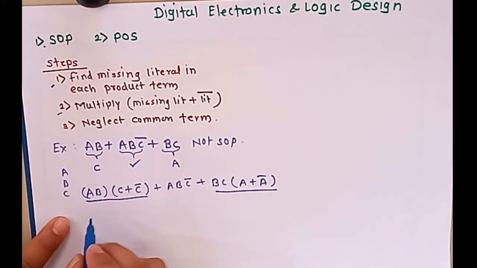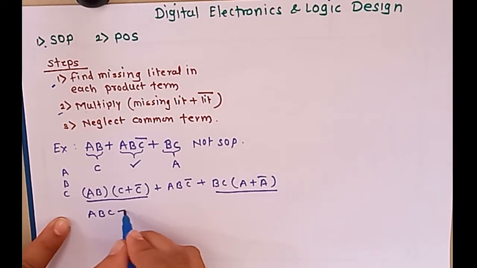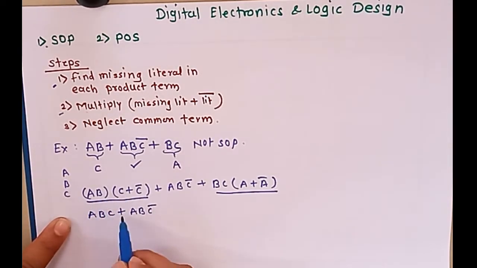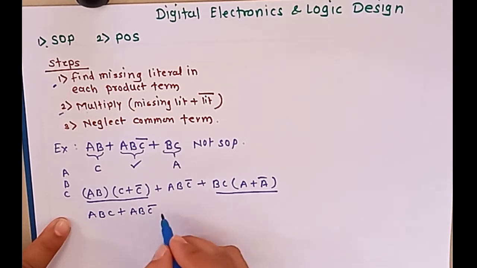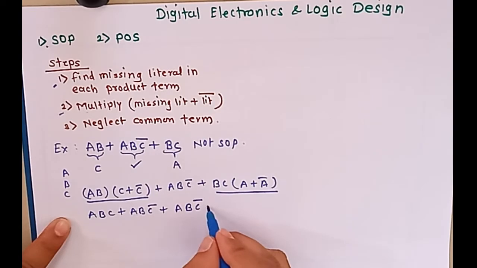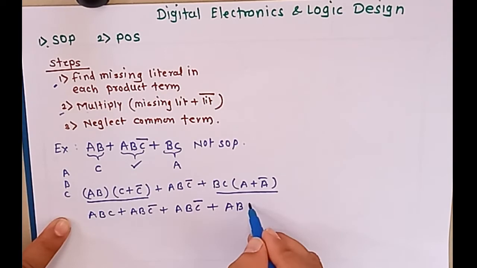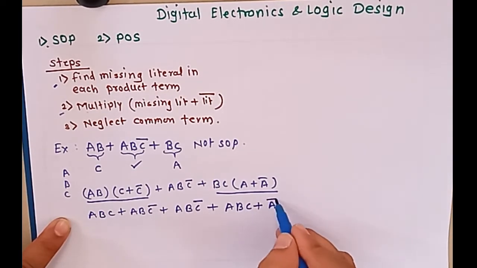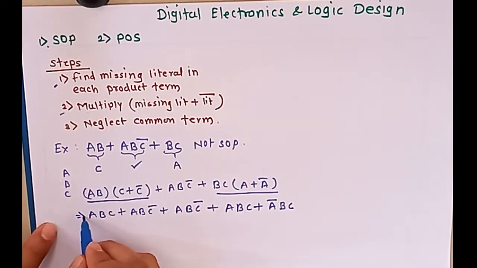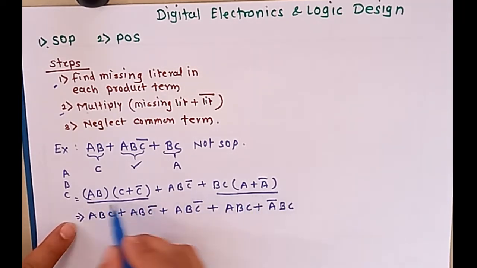After multiplying we get the terms ABC plus ABC bar, AB into C plus AB into C bar, plus A into B into C bar, plus multiply this term with this bracket, so this is ABC plus A bar BC. This term comes after simplifying this equation.